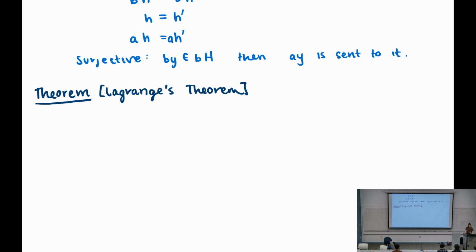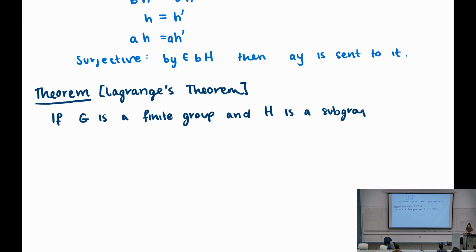So this says that if G is a finite group, and H is a subgroup of G, then the order of H divides the order of G. So that's the first part.